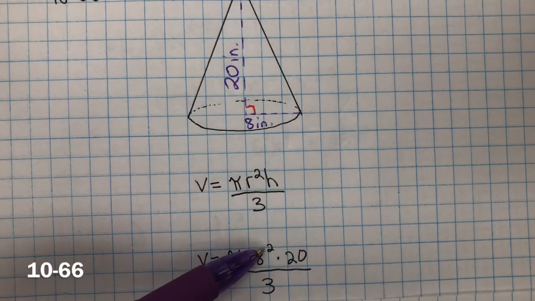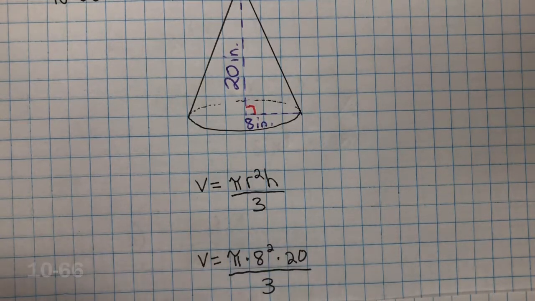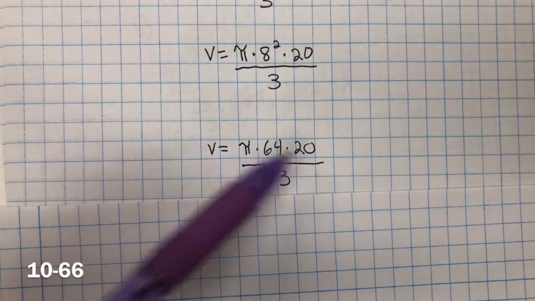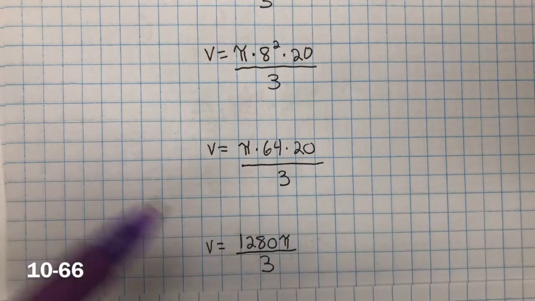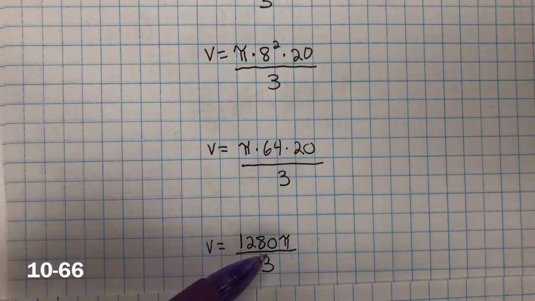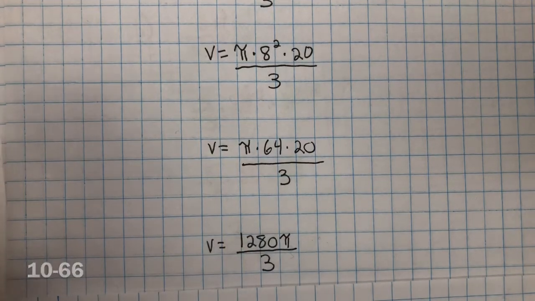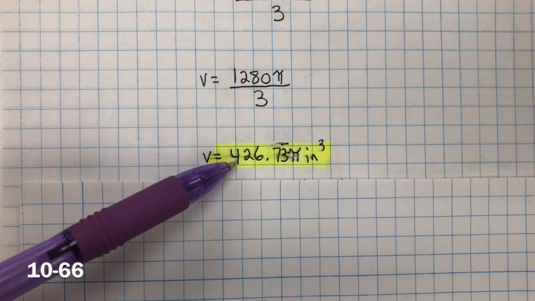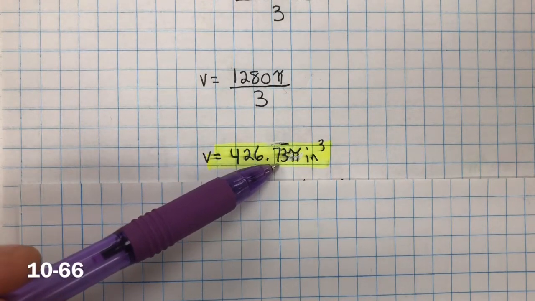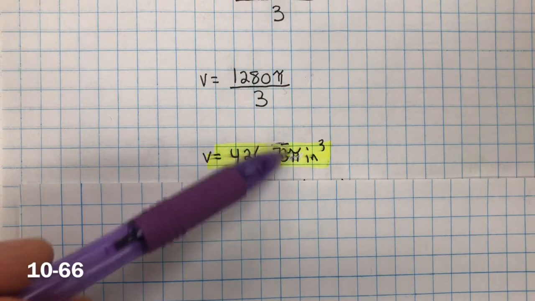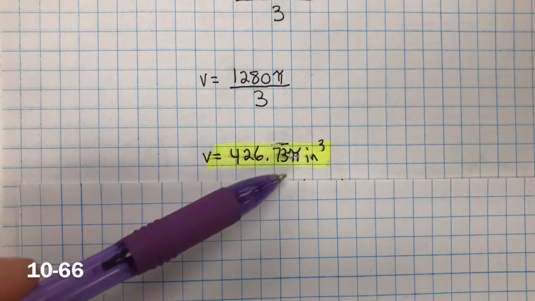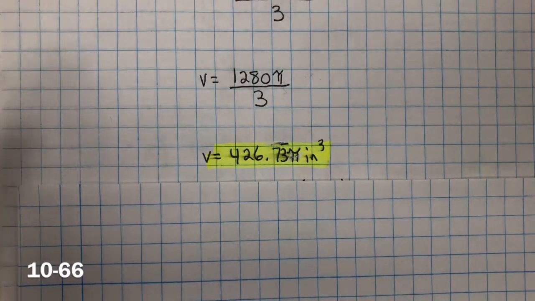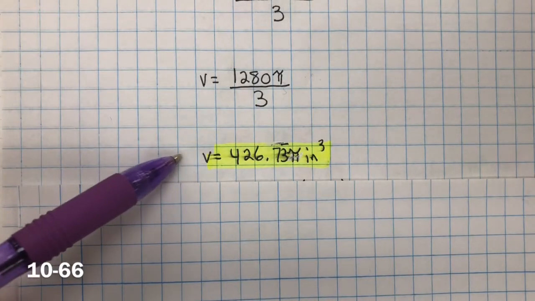So we have 8 squared multiplied by 20 divided by 3. 8 squared is 64. 64 multiplied by 20 is 1,280. 1,280 divided by 3 equals 426.67 repeating, pi inches cubed, or cubic inches. That's the exact value.